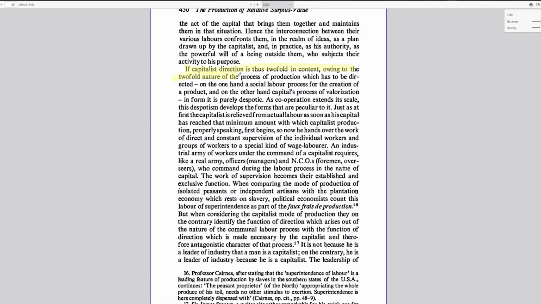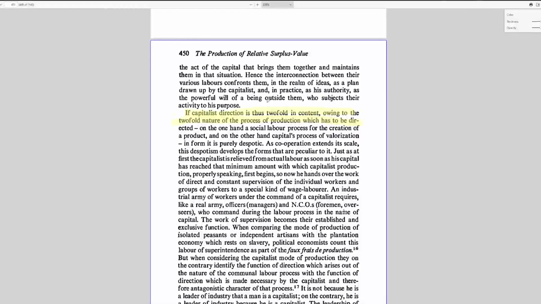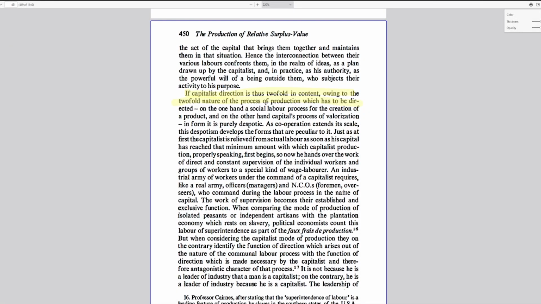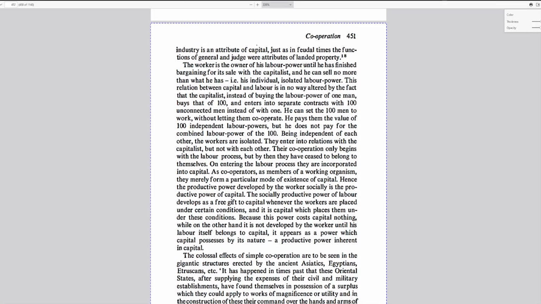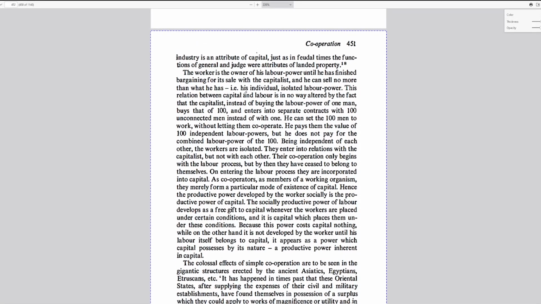Okay, we have another classic twofold nature of the process of production. So again, this is where Marx loves pointing out some dual dialectic nature thing going on. This is the part I'm actually interested in looking at, but he sets it up on 450.